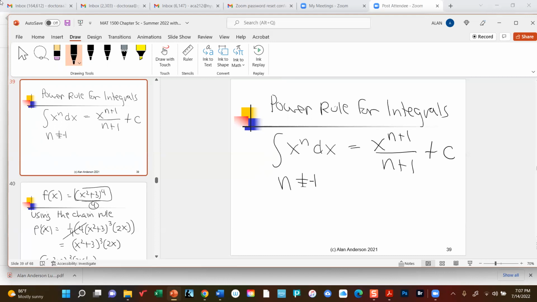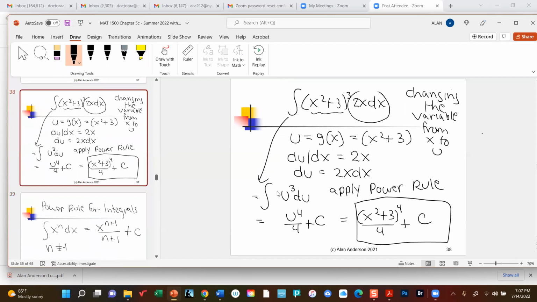Now, that means that here, the integral of u cubed is u to the 4th over 4, because n is 3. So here n plus 1 is 4 over 4. And now this is our result, but we're not really interested in the integral of u. What we really care about is the integral with respect to x.